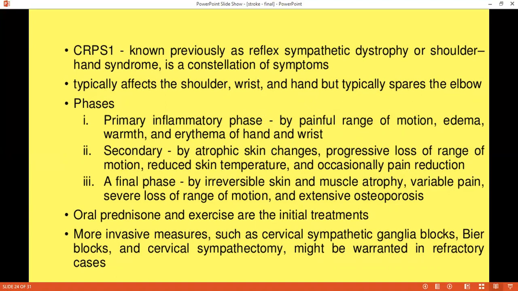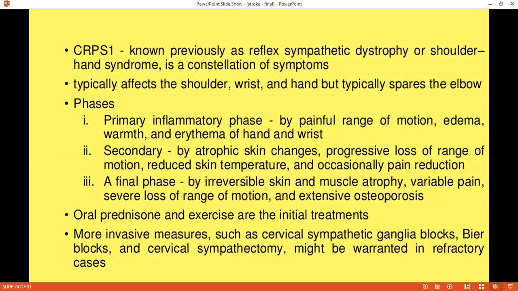In the primary phase, they have erythema, warmth, and a painful shoulder. In the secondary phase, there are skin changes, loss of motion, reduced skin temperature, and occasionally pain reduction. In the final phase of CRPS, there is irreversible skin and muscle atrophy, variable pain, severe loss of range of motion, and extensive osteoporosis.